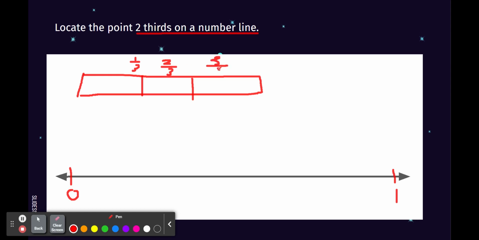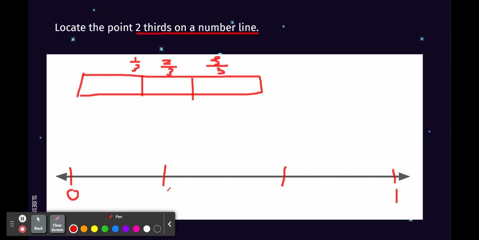In the same way that we use strip diagrams, we are going to do the same thing with a number line. I'm going to partition my number line into 3 equal parts. Pretend it's like a strip diagram: there's 1, and there's 2. So we have one equal part here, and then we have another part.